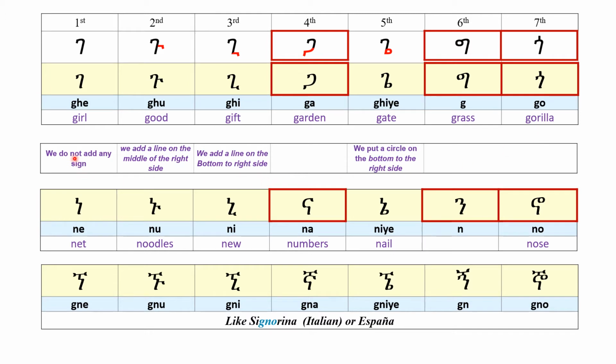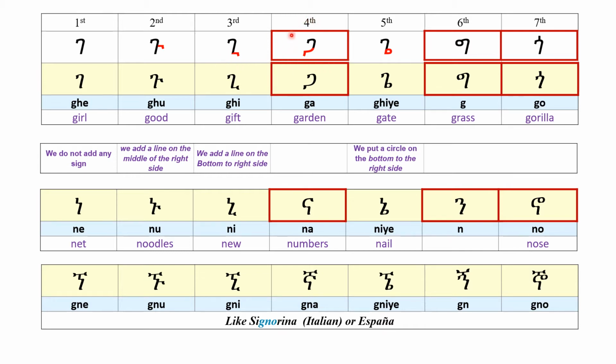Let us see how we put the signs. Ge, to the first letter we did not add any sign. Gu, we add a line in the middle of the right side. Gi, we add a line on the bottom to the right side.